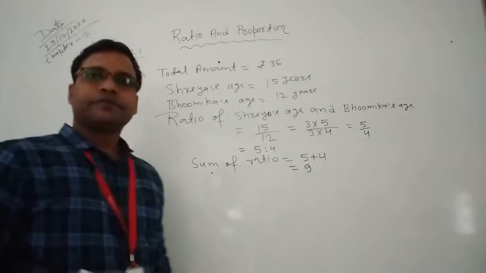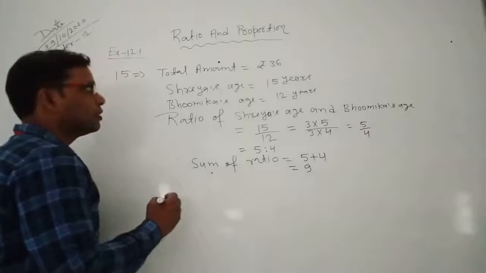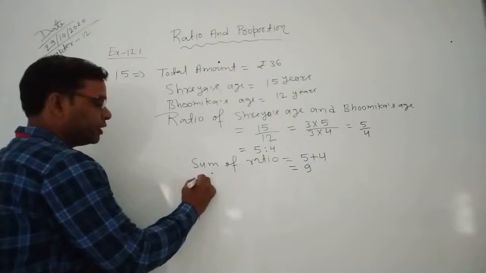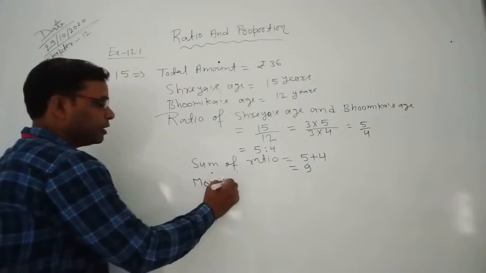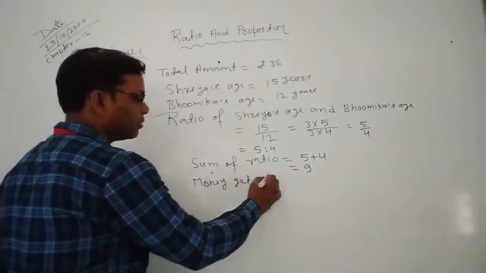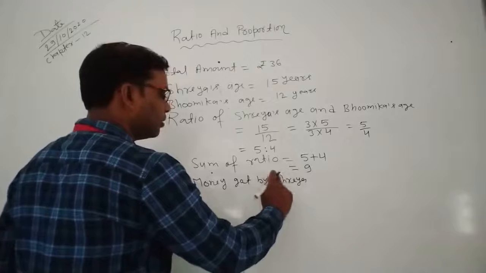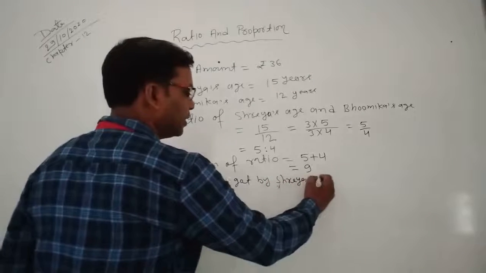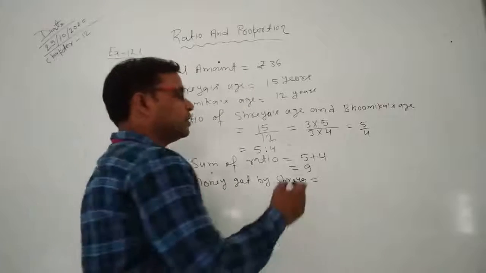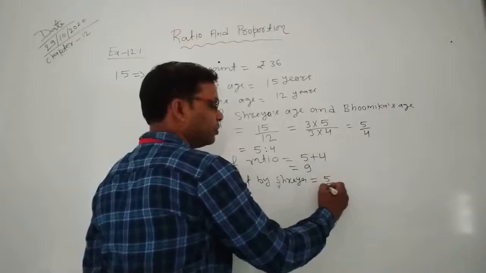So now, what amount of money got by Shreya? Amount of money got by Shreya is equal to, total amount is given here 36. So what is the ratio of Shreya? Ratio of Shreya is 5 and total ratio is 9.